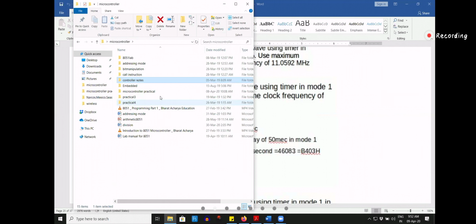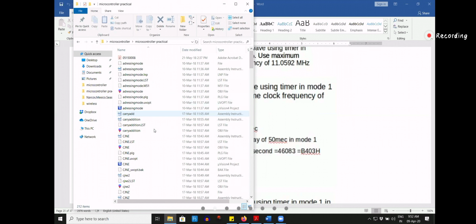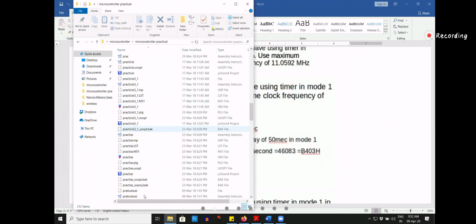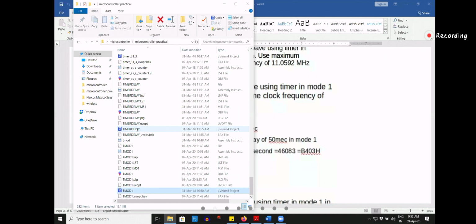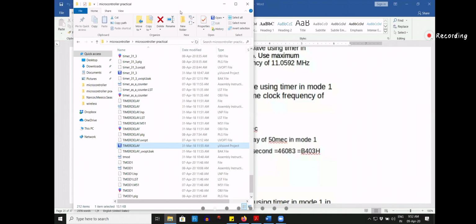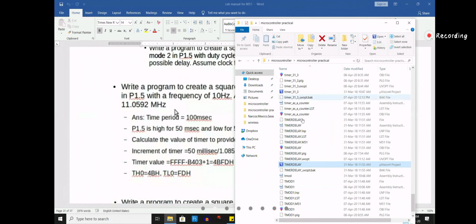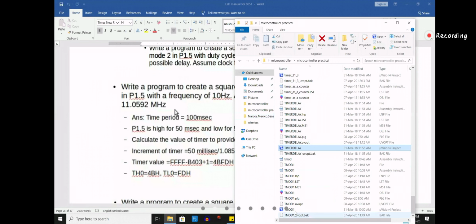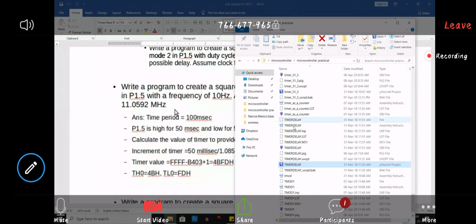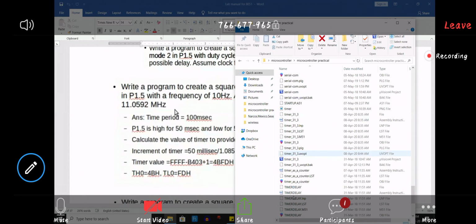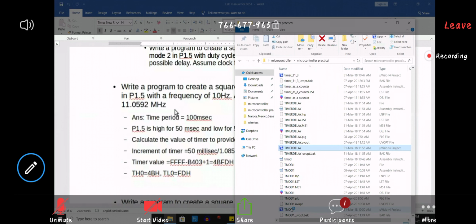I expect you all to take some notes in your respective notebooks. One divided by 10, how much is it coming? 100 millisecond? Yes, sir. 100 millisecond, right?